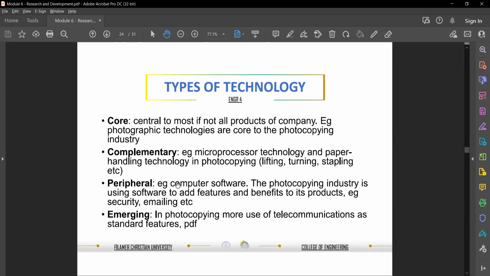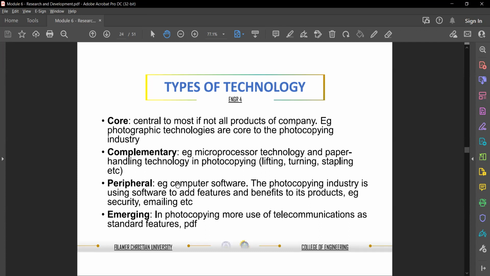Then, ano yung complementary technology niya? So of course, this is microprocessor technology and paper handling technology and photocopying. So it may be lifting, turning, or stapling, and so on. So yun yung complementary na services or product na naka-align sa photographic technology.